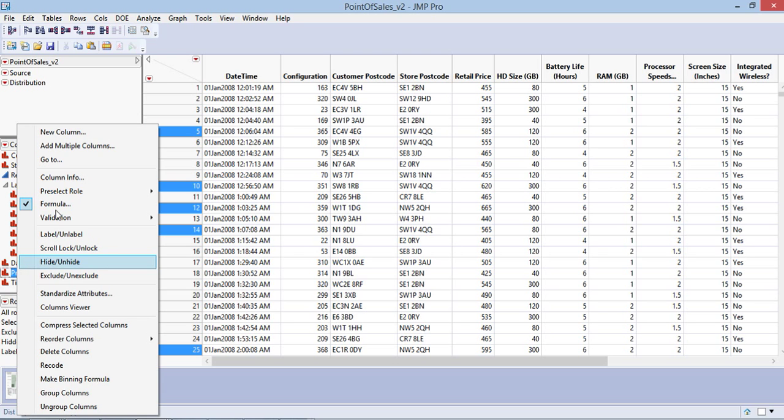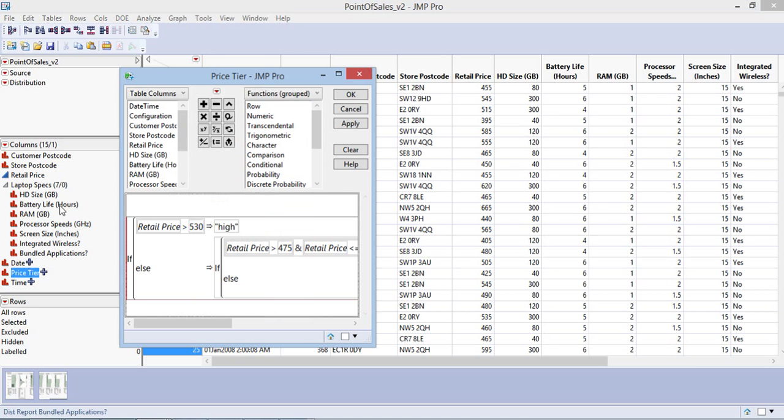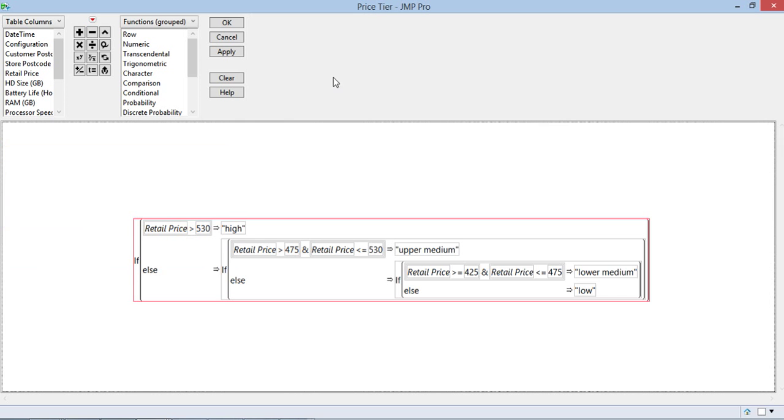So what this price tier column has is this formula, in which it says that if the retail price is more than 530, it is considered as high price tier. If it's more than 475, which is the Q2, and less than the Q3, it is considered as upper medium.